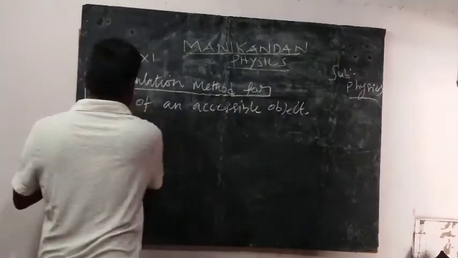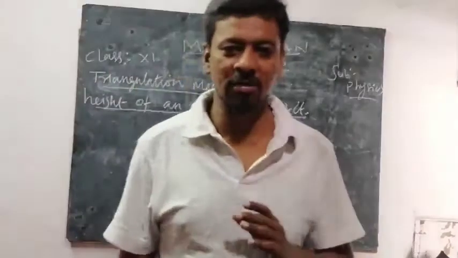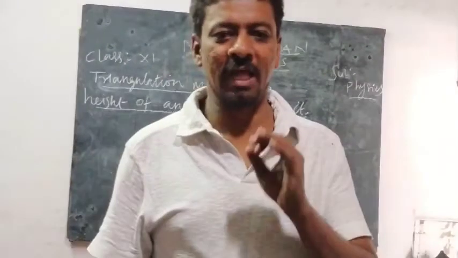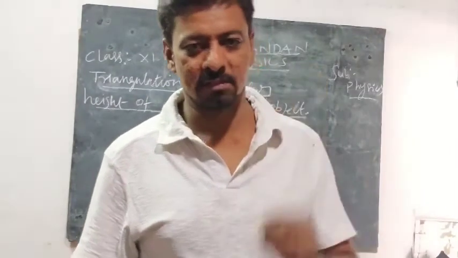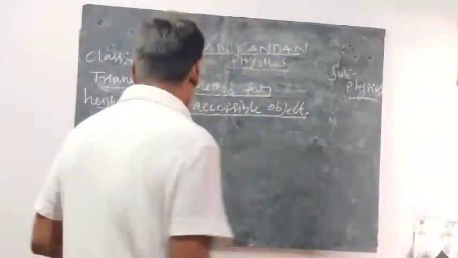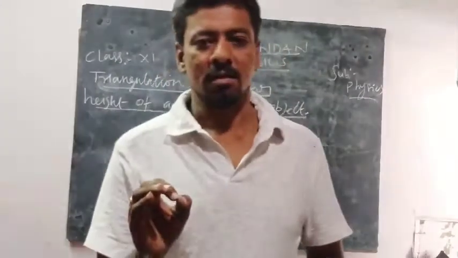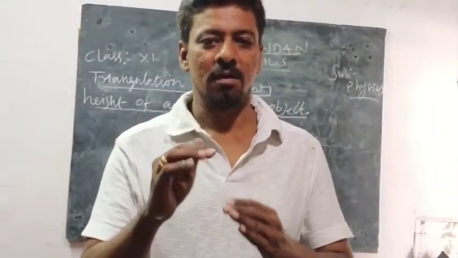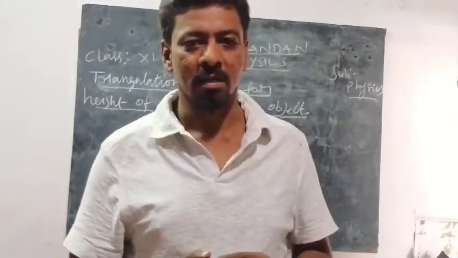That means we have to find the height of an object by using the triangulation method. That is the topic. We can find the height of a tree or the height of a tall building.